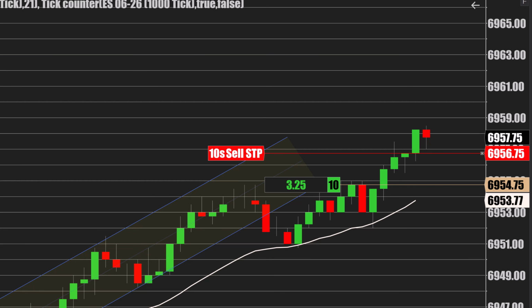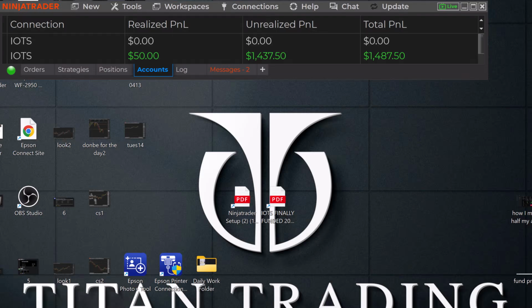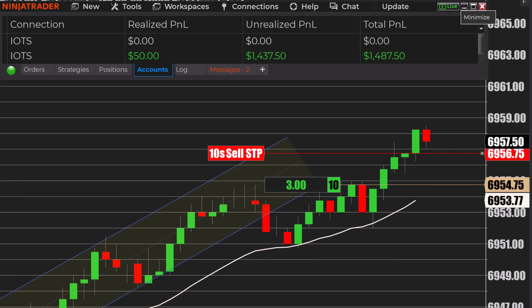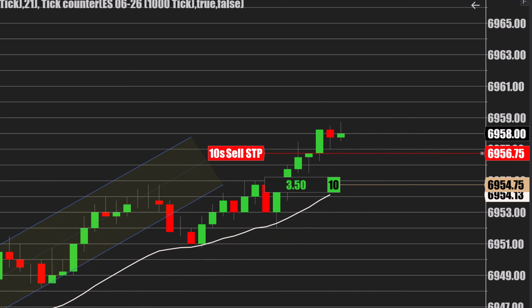Cannot not lock in two here. Already had a pretty rough day. Either we catch this or not. All right, let's go, let's keep it trucking. Center of the pattern. This should be an awesome run to finish this day up nice for us.